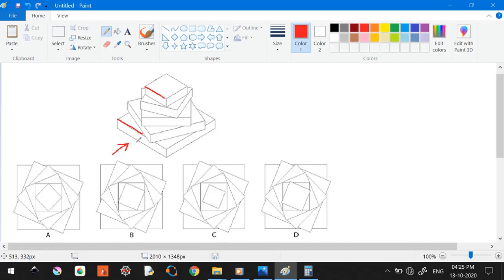I mean, I'm viewing from here and drawing it here, right? So the bottommost slabs or blocks, this particular edge looks like it is parallel to this one, right? So both these lines are appearing as if they are lying parallel to each other, right?